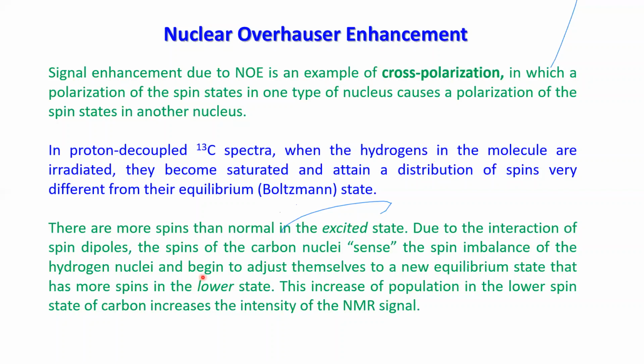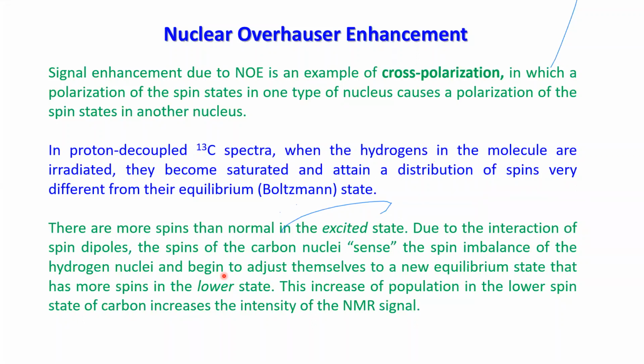So the carbon nuclei will try to adjust themselves to a new equilibrium state that has more spin in the lower state. So this is an increase of population. The carbon nuclei are changing themselves and trying to increase their population in the lower state.